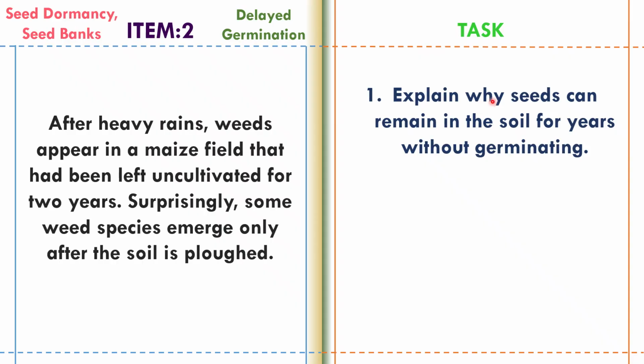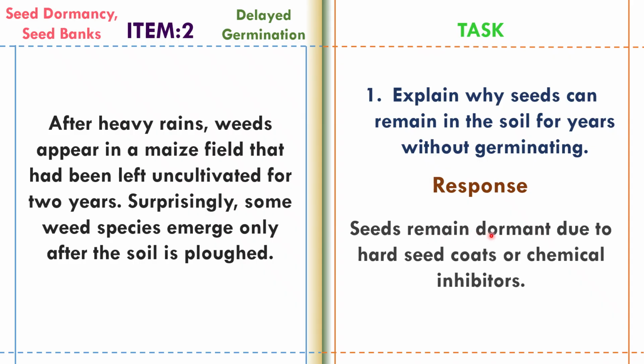Let's start with explain why seeds can remain in the soil for years without germinating. Seeds remain dormant due to hard seed coat or chemical inhibitors.